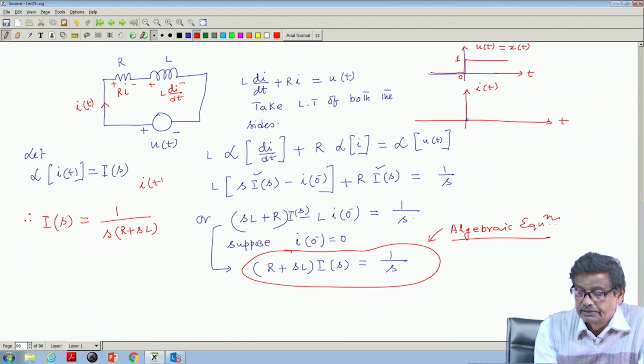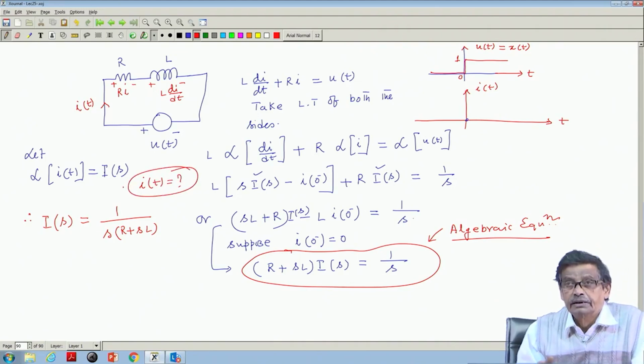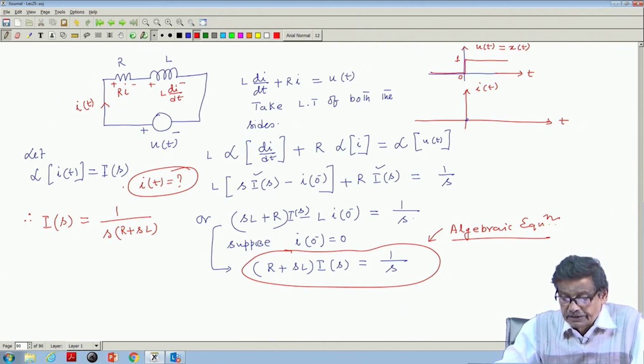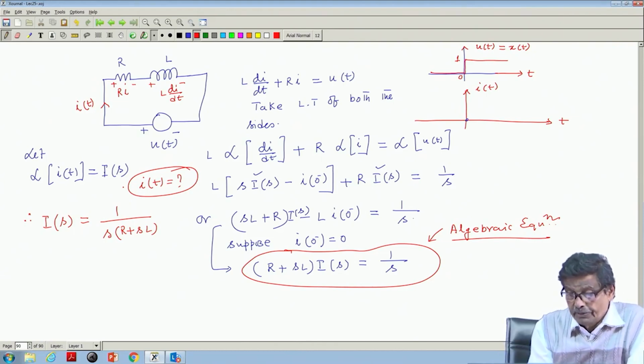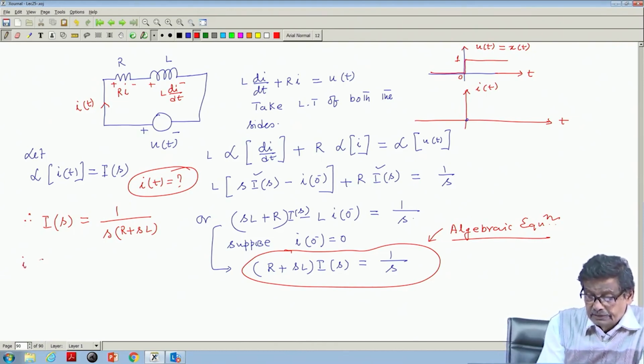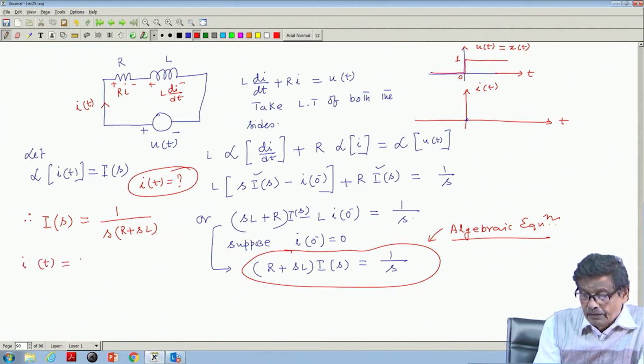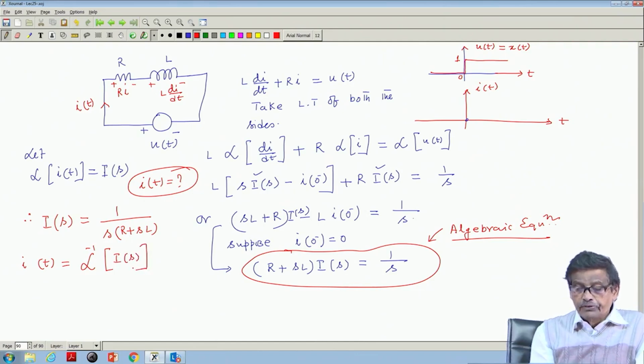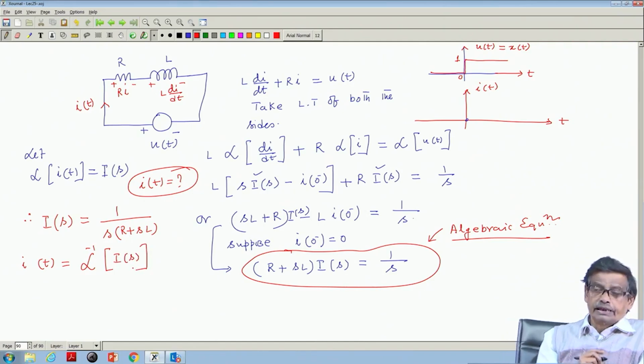That is my final goal. In real time, what will be the value of the current when such a voltage has been applied across a series RL combination. Next step will be therefore, i(t). What you have to do is, you have to take Laplace inverse of I(s), and if you take Laplace inverse, you will get the i(t).